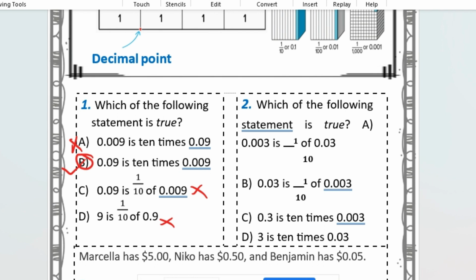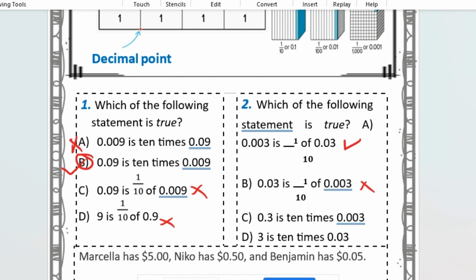Now A here, 0.003 is 1 out of 10 of 0.03. So 3 thousandths is 1 out of 10, or represents 1 out of 10 of 3 hundredths. This is correct. Okay, and 3 hundredths is 1 out of 10 of 3 thousandths, so this is incorrect.